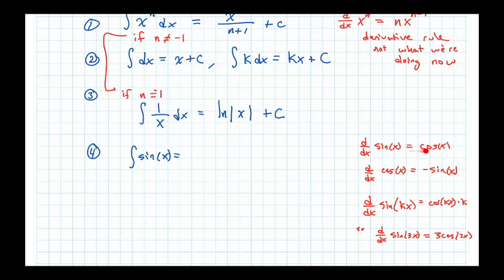So it's not this one, it's actually this one, because you're starting here and going backwards. And so you end up with negative cosine x plus c. That looks backwards, right? Because the derivative of sine is cosine, but the antiderivative of sine is negative cosine. Because technically it's not this line that we're looking at, it's this line.